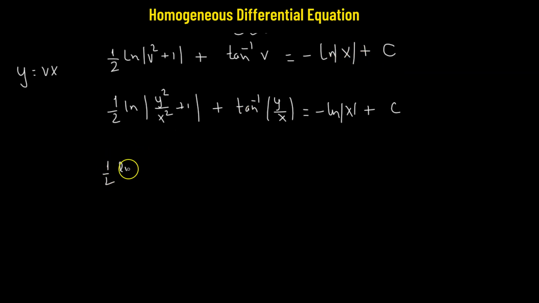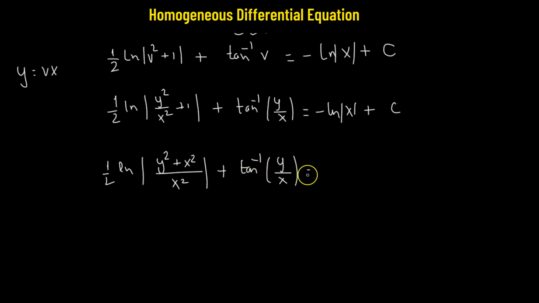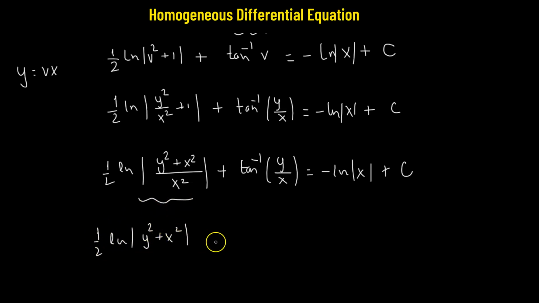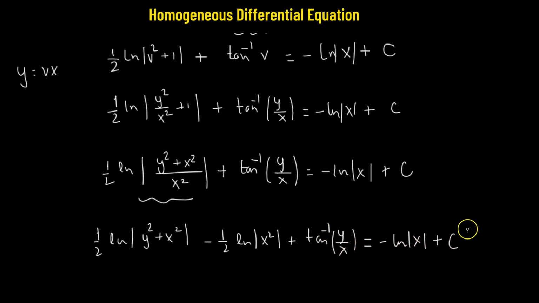So this is half natural log of y squared plus x squared divided by x squared plus tangent inverse of y over x equals natural log of x plus c. This we can further simplify by using the properties of logarithm. So we have half natural log of y squared plus x squared minus half natural log of x squared plus tangent inverse of y over x equals natural log of x plus c.